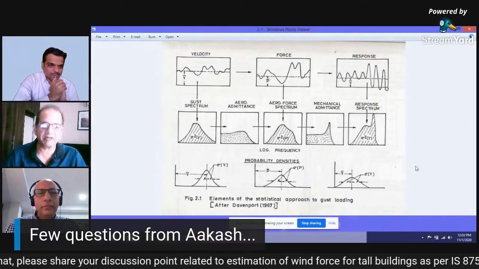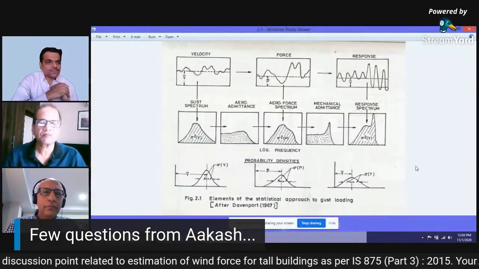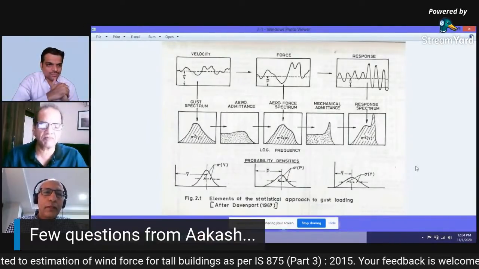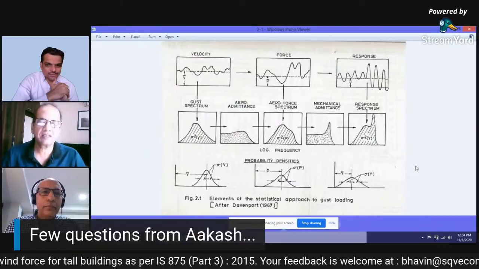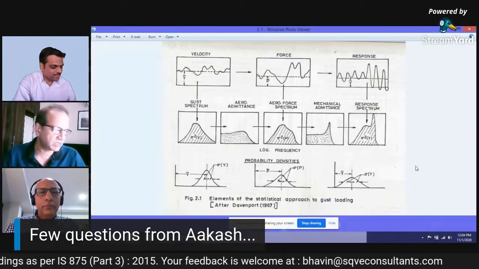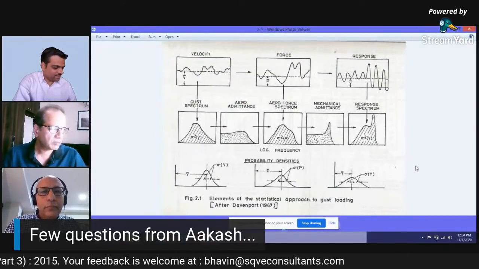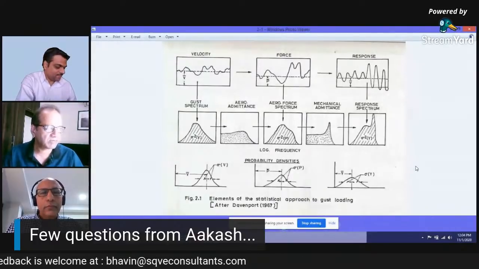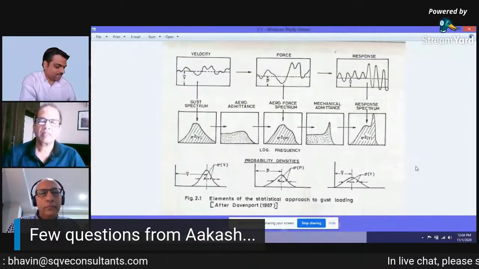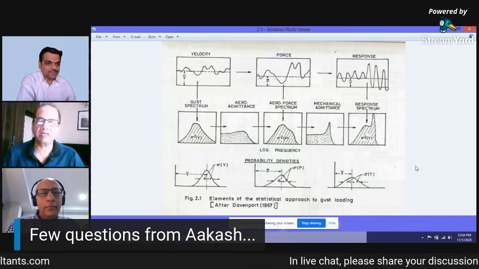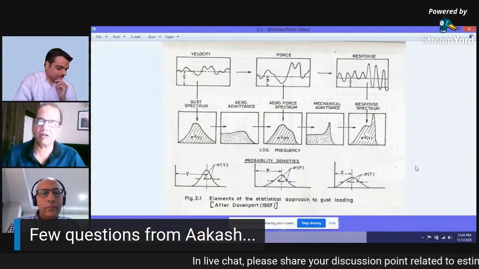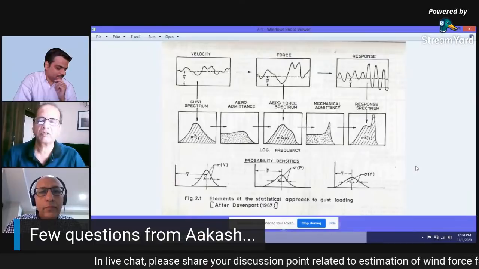There is a gust spectrum in the second row. Gust spectrum has some frequency distribution. Then there is an aerodynamic admittance. Aerodynamic admittance is basically the gustiness of the wind. That is the force component, the energy component. Third one, aerodynamic force spectrum.